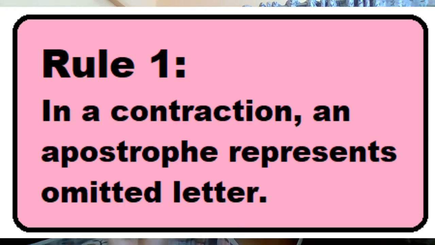D-O-N-T. Tell me, where do we use the apostrophe? After N and before T. Why? Because we have omitted the letter O there. Do not, N-O-T, not, and we have omitted this O. So wherever we omit a letter, we have to use an apostrophe there.